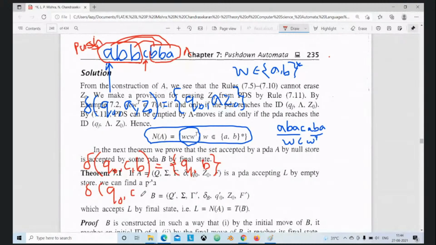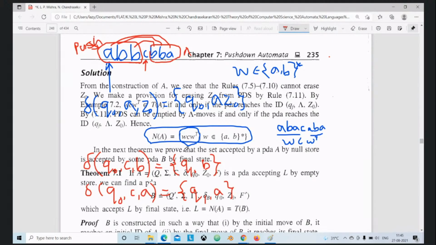Here you should write like this. So this is suggesting that we are ignoring this C. The top of the stack is not changed. Now you can try to complete the entire set of transitions.